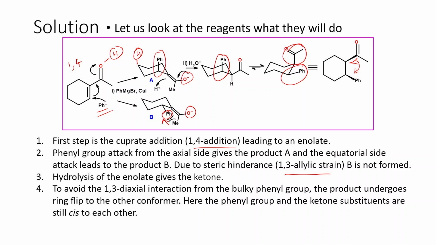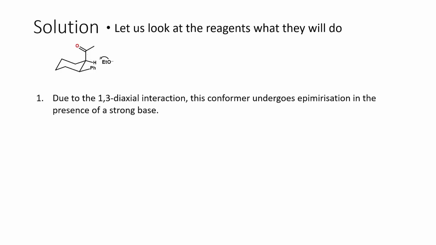Remember, this compound also has the 1,3 diaxial interaction because we still have hydrogen atoms here, and here. So they may interact; 1,3 diaxial interaction may exist in this compound. So again, what we can say is this may not be the thermodynamically stable product. Then under basic conditions, one of the hydrogen atoms is abstracted by the ethoxide anion.